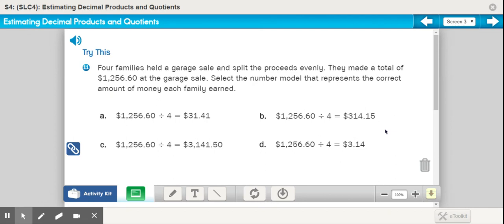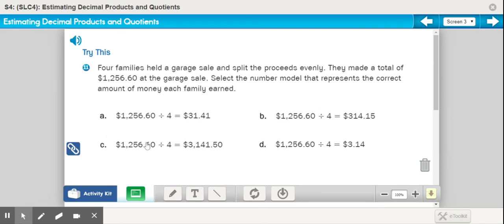Select the number model that represents the correct amount of money each family earned. So as you can see, in all 4 options, they gave you the same number sentence. $1,256.60 split with 4 people. So we cannot eliminate any of them based on their number sentence because they're all the same.